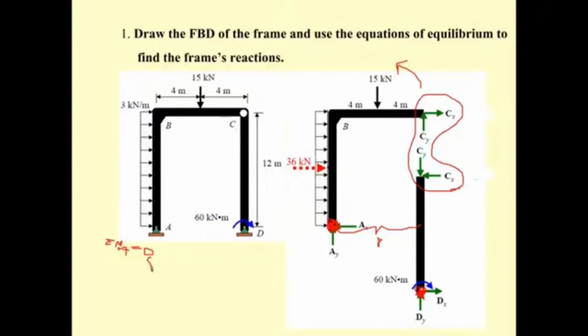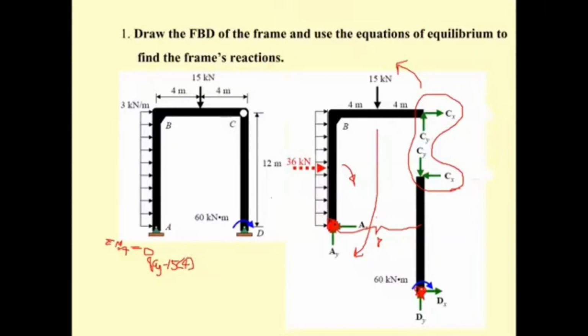So you have 8, and c sub y. And what else do you have? This is 36. 3 times 12 is 36. It has the rotation in the opposite direction, and also the 15 is going to have the opposite direction. The 15 is going to time by 4, so minus 15 times 4.